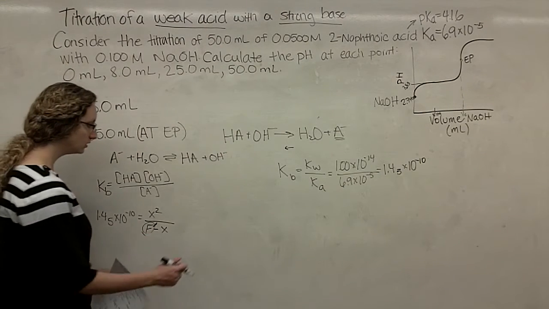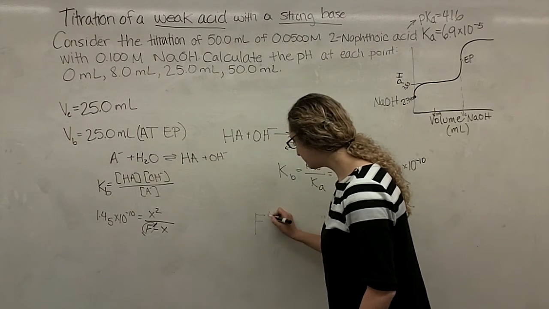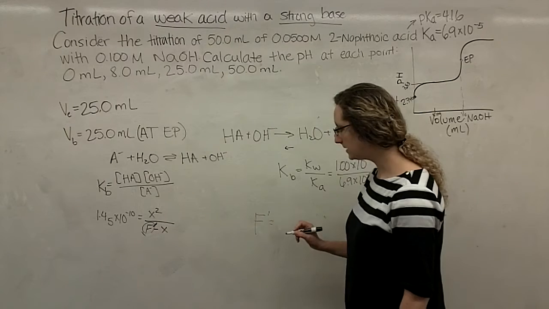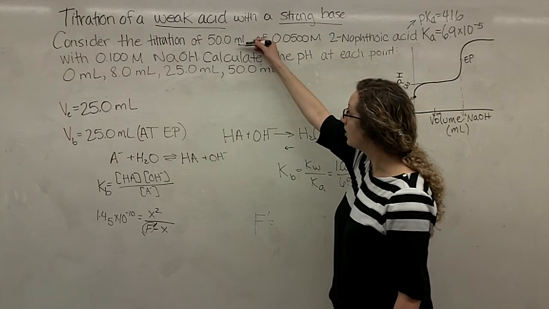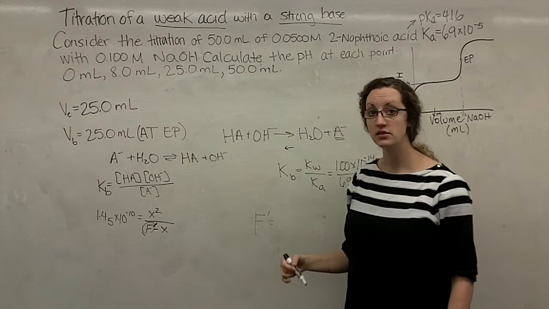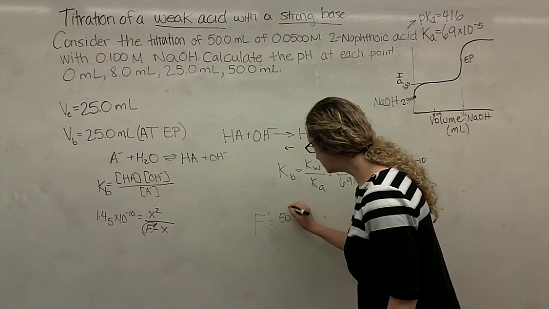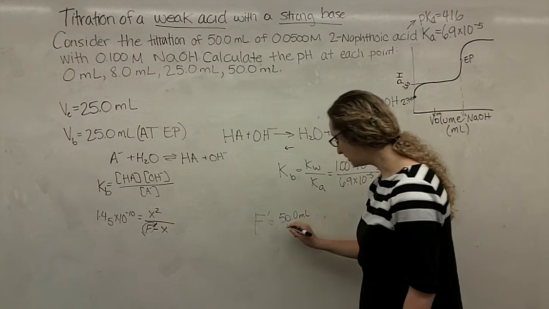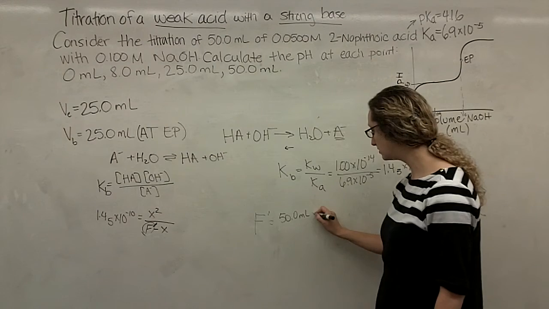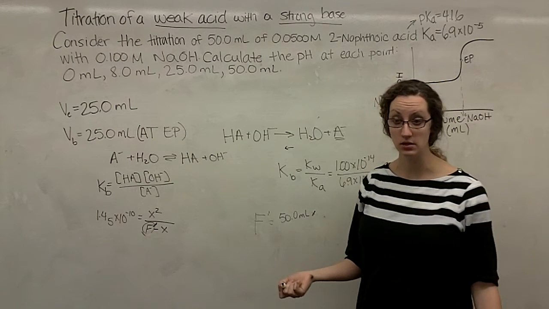So F prime is going to be our concentration times our volume divided by the total volume. This will be our initial volume, which is 50.0 milliliters, times our initial concentration. So this is basically an M1V1 equals M2V2 equation.